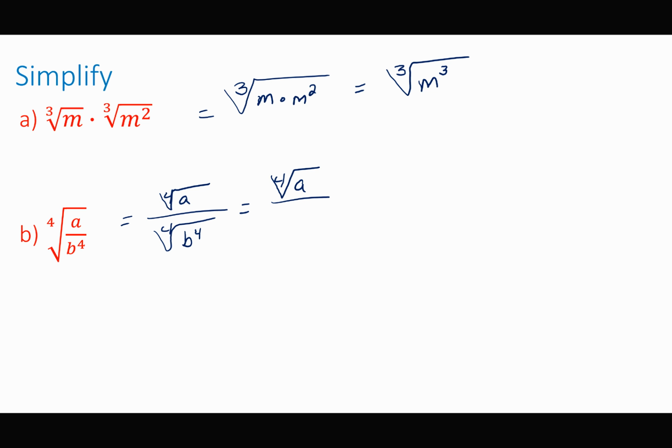What's the fourth root of b to the fourth? It's just b, okay? Because if we want to write this with a rational exponent, that's 4 over 4. So it's b raised to the 4 over 4. So the fourth root of a all over b. Okay.